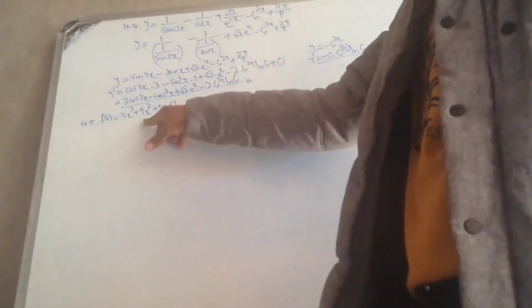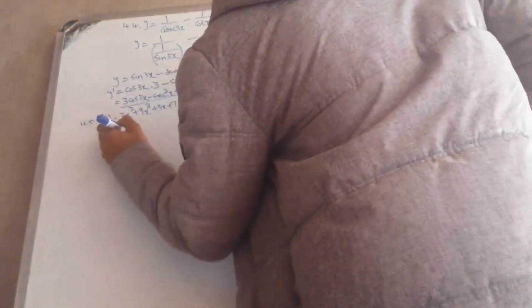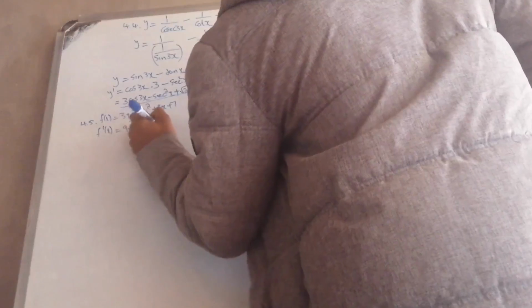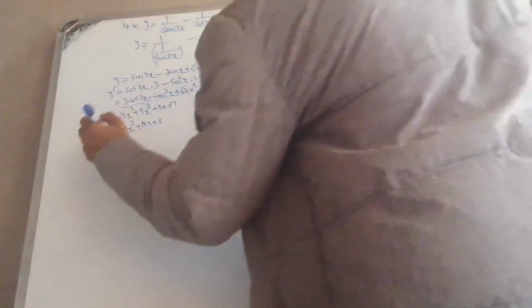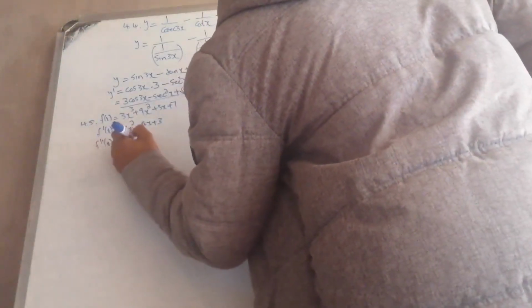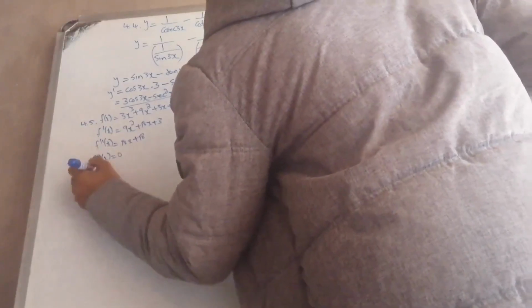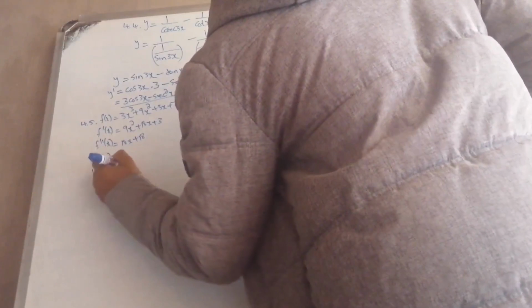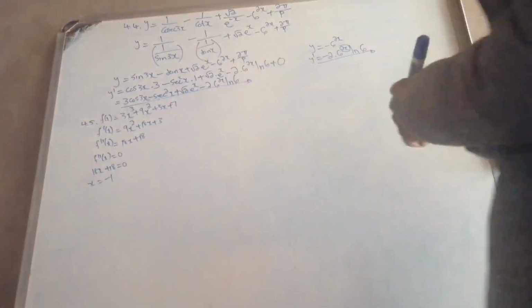I know that I will differentiate this for the first time. And for the point of inflection, you will differentiate for the second time. And you will say f double prime equals 0, 18x plus 18 equals 0, and your x will be minus 1.